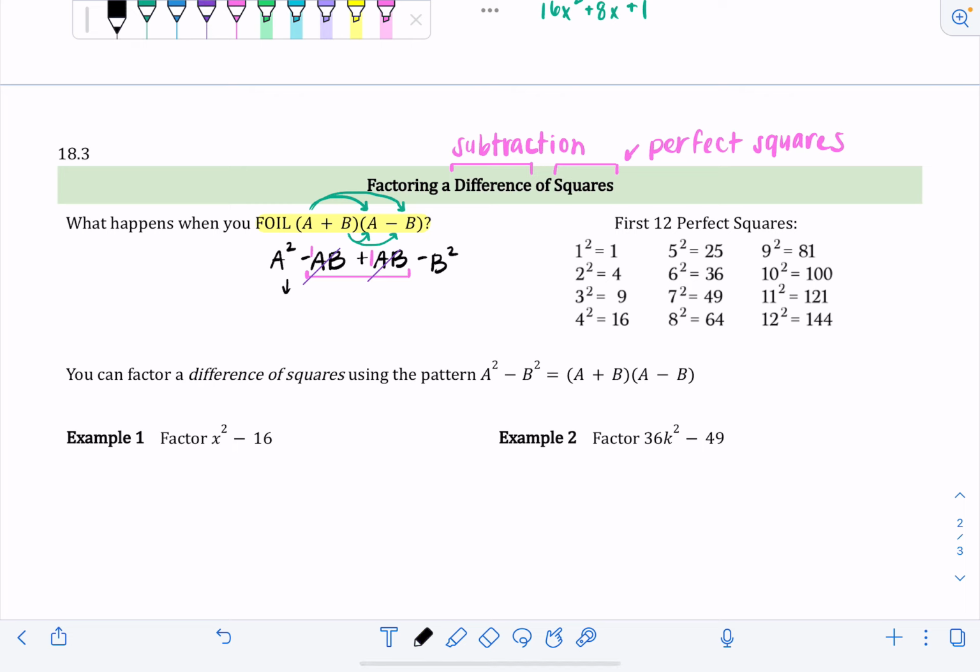So then I would just be left with this a squared and then that negative b squared. So a squared minus b squared. And this is where that difference of squares comes in. So difference, subtraction, and then squares, two numbers that are being squared. So this is the form for a difference of squares: a squared minus b squared.